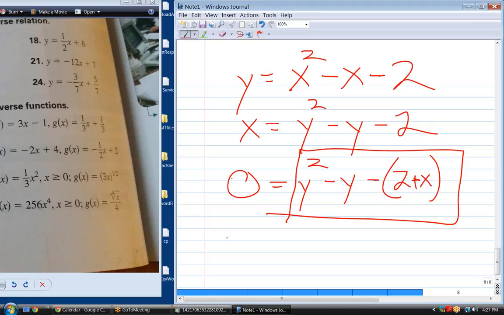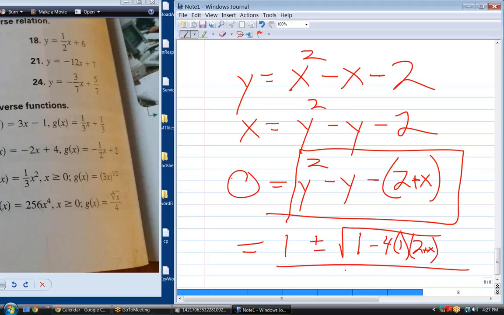In other words, the answer is going to be minus b, which is 1, plus or minus the square root of 1 minus 4 times 1 times c, which is 2 plus x, all over 2. And believe it or not, this is our inverse function. It's the only time in math I can think of where you're allowed to treat x as a constant, as a number.